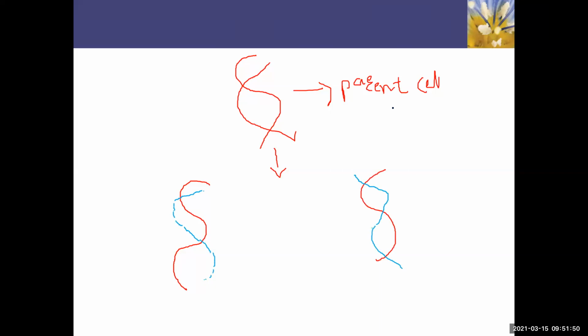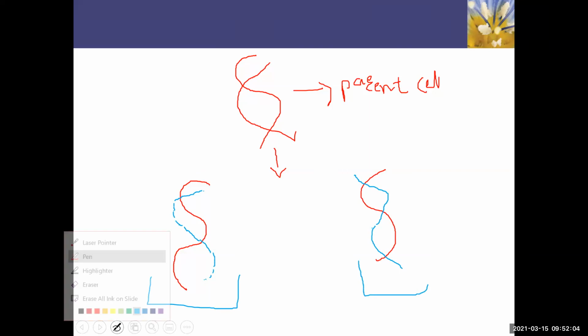It means that in the daughter cell you will always have one old strand which is preserved.